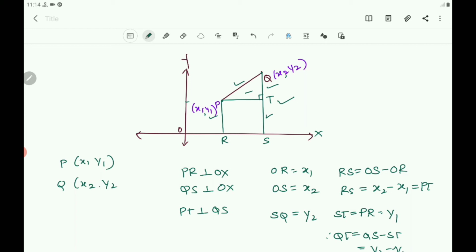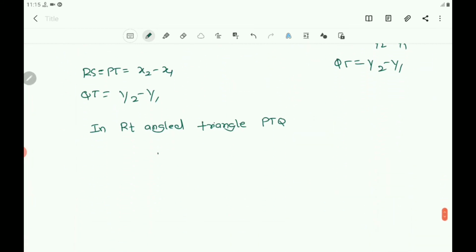You know that PQ square equals PT square plus QT square.